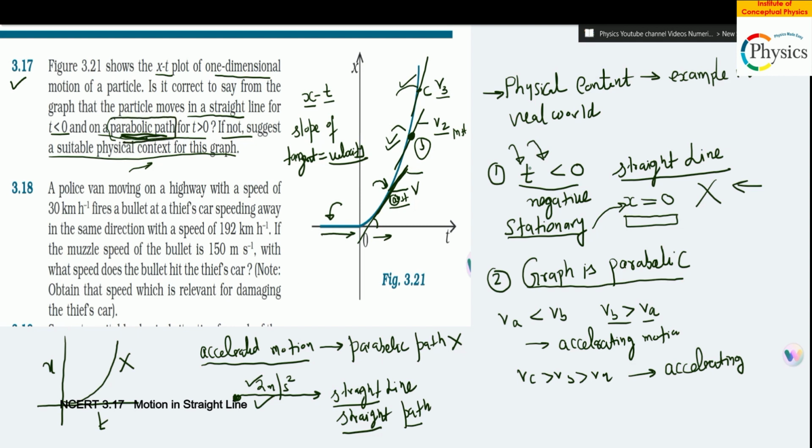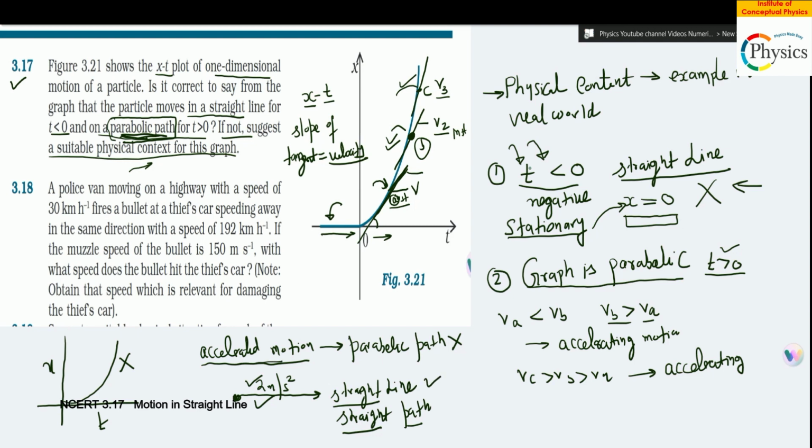Your answer should be for the second part of the question, where t is greater than 0, that no, it is not correct to say it is a parabolic path. Your answer is for t greater than 0, the path is a straight line, it's an accelerated motion.